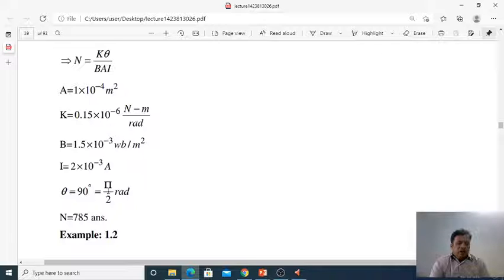Theta is 90 degrees, that is equal to pi by 2 radians. If we substitute these values, N is equal to 785 turns.